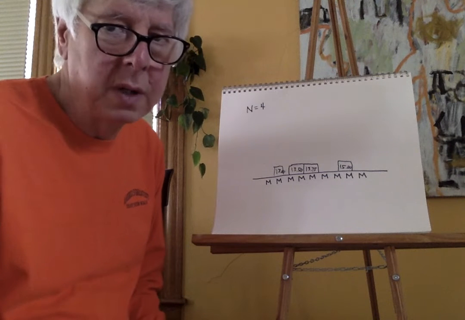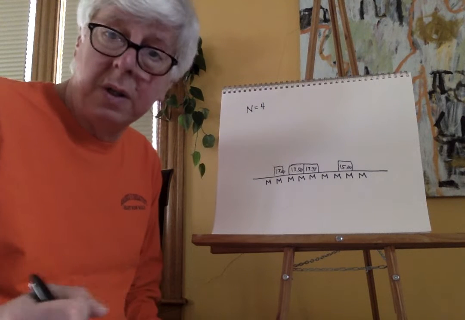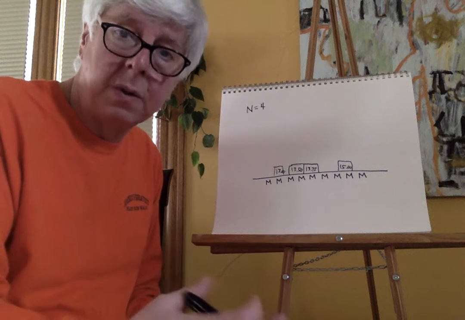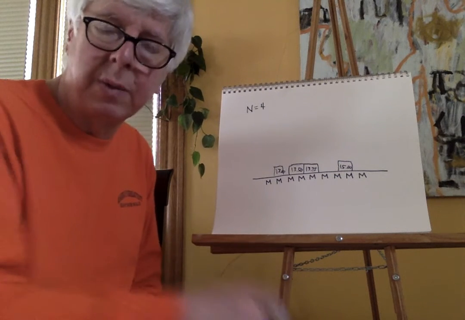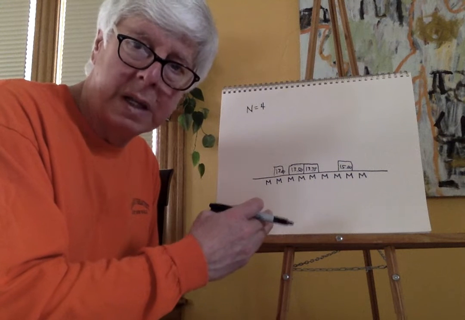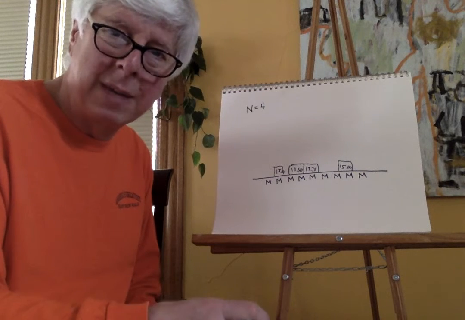I could do this for a long time. I'm hoping you're getting the point. Hypothetically, I could do this an infinite number of times. Take out a sample, take out a sample, take out a sample. Each time I do that, I'm going to plot the sample mean. Everybody got it?